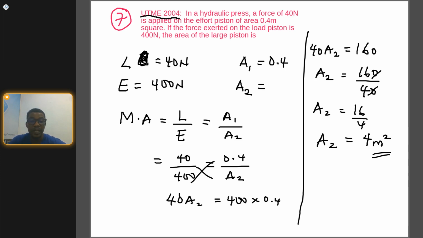We'll be stopping here today, and we've come to the end of the topic simple machine. We had part 1, part 2, part 3. Today's class is part 3, the concluding part of simple machine as a topic. Next class, we are going to take a new topic under the JAMB syllabus.